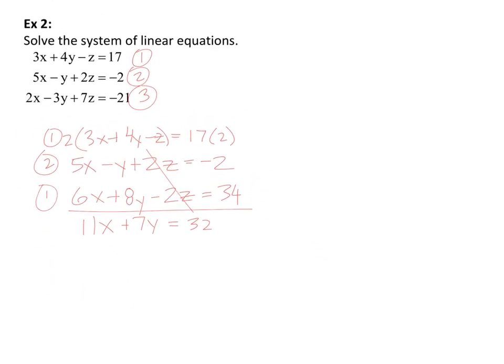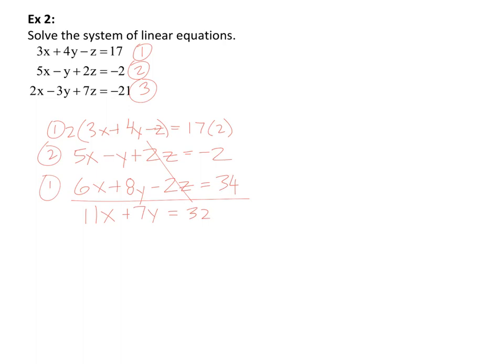Okay, and then I'm going to choose equations 1 and 3. Alright, now you don't have to go with the same equations. You could use a different set of equations and still get the same result. In this case, I'm having to multiply by 7, so I cancel the z out in the first equation with the 7z in the third equation.